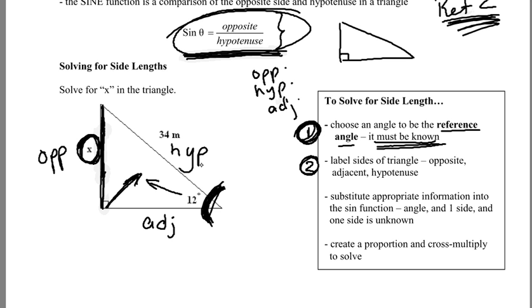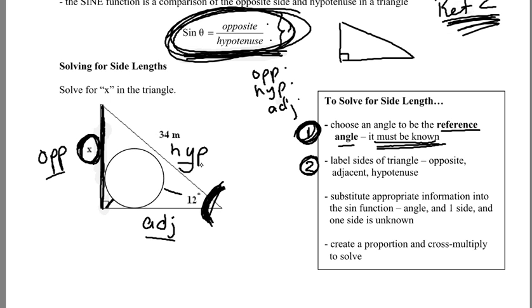So we look at this, we have 3 sides, but our trig ratio, sine, only uses opposite and hypotenuse. So why is it important to understand that sine is opposite over hypotenuse? Well, in this case, when I use the 12, we want to know the opposite side x, so that's important.